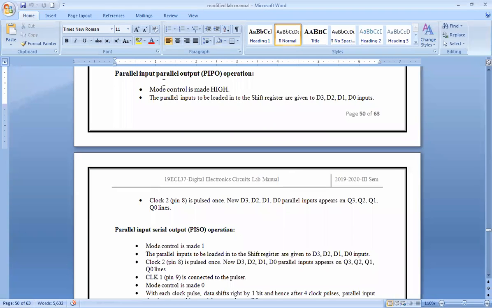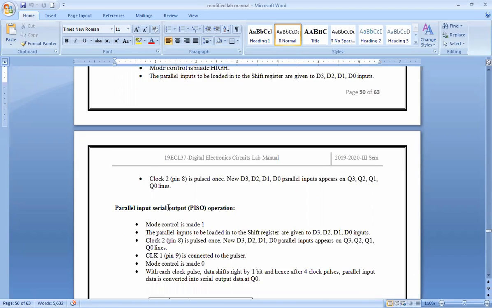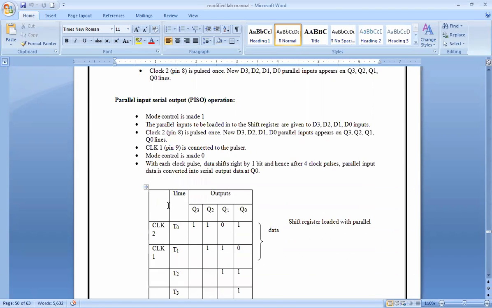So in parallel input and parallel output, what is going to happen? Mode is going to be high and the parallel inputs are loaded to bits 0, 1, 2, 3 and clock 2 is enabled. Previously clock 1 was enabled, now clock 2 is enabled. So what is going to happen when clock 2 is enabled? Immediately all the values will be available at the output.